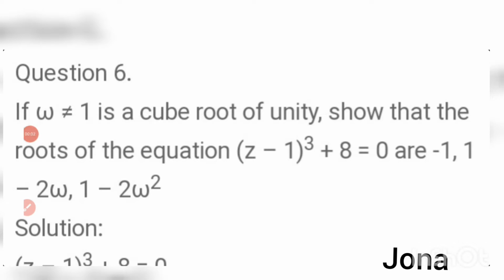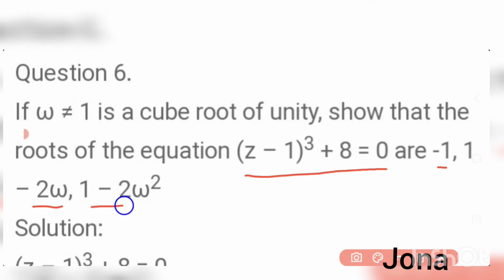Question number 6. If omega is not equal to 1 is a cube root of unity, show that the roots of the equation (z minus 1) the whole cube plus 8 equal to 0 are minus 1, 1 minus 2 omega, 1 minus 2 omega square.